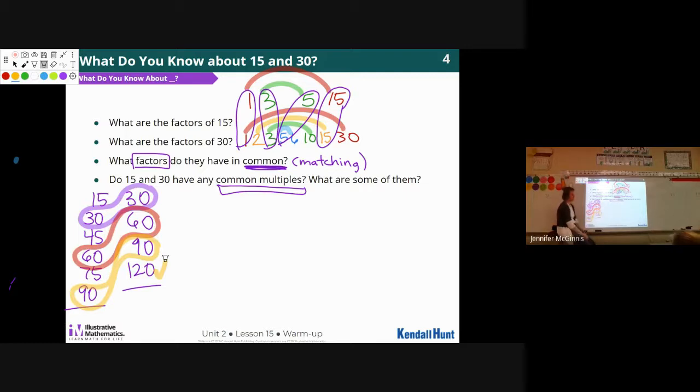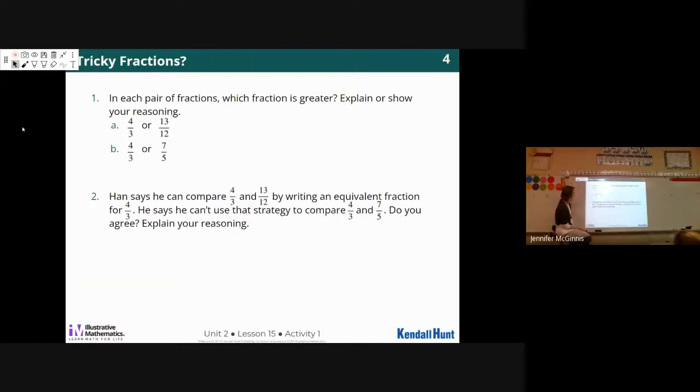So, if I'm going to show you this type of thing in a warm-up, do you think it has some important knowledge for our lesson? Yes. That would be an accurate thought process. Okay. I want you to look at these two sets of fractions, and I want you to think about them for a second.